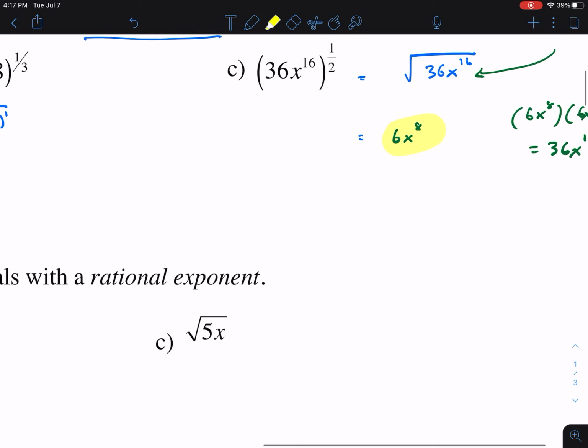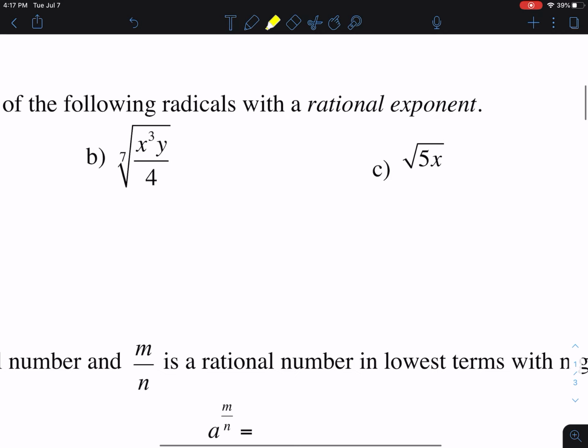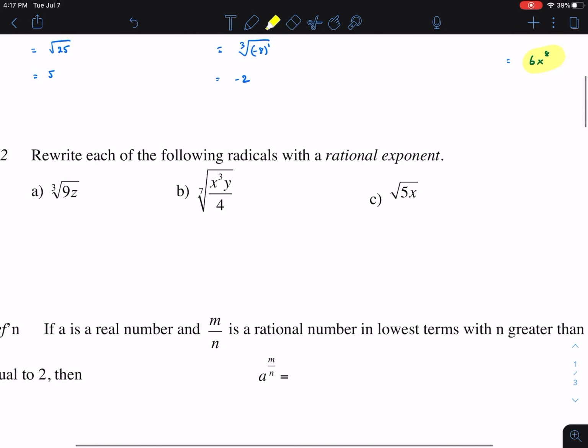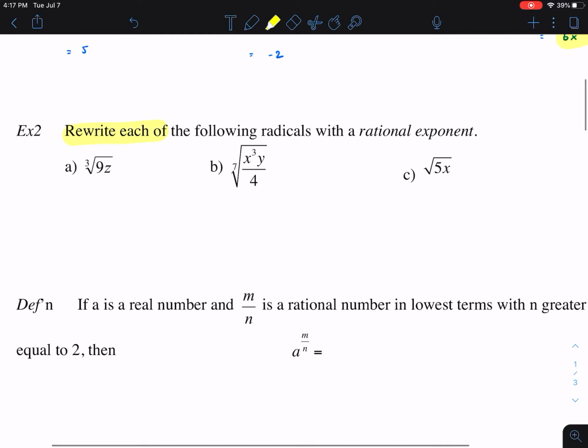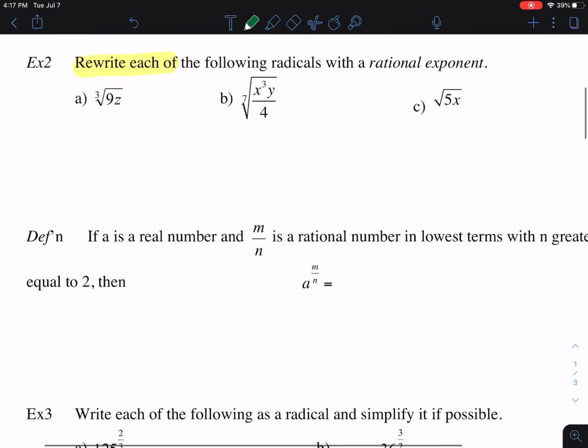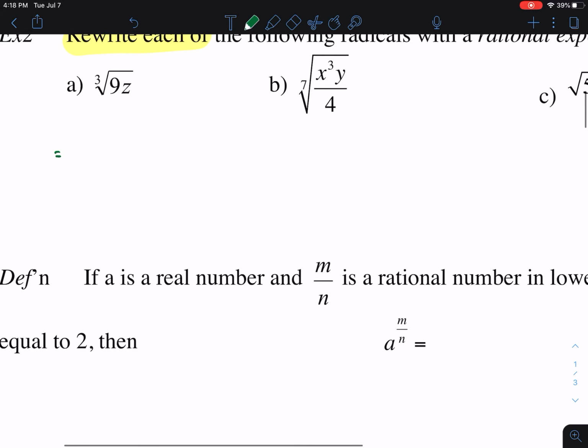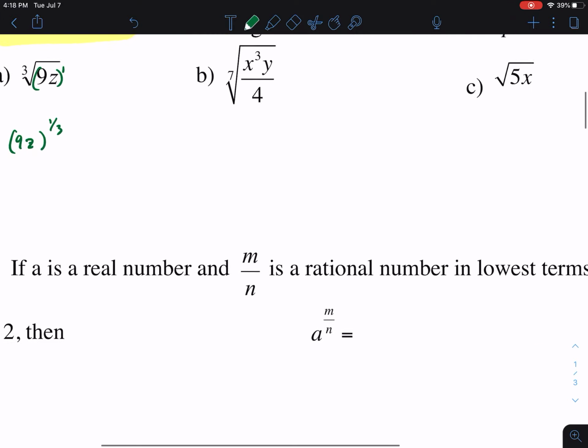All right. Let's look at some more, going from radical form to rational exponent form. In this one we just want to rewrite from radical to rational exponent. So let's look at this one. This can turn into 9z to the 1/3 power, because this is to the first power and the index is 3.